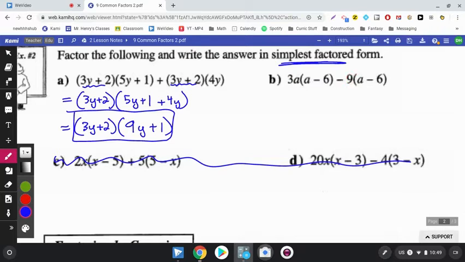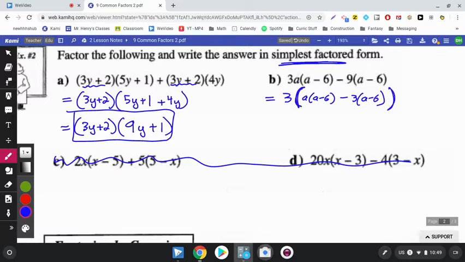I could factor out a 3. I could just factor out a number. And you'd get a minus 6 minus 3a minus 6. I factored out, okay, the GCF, the 3 and the 9 were both divisible by 3. So I factored that out.